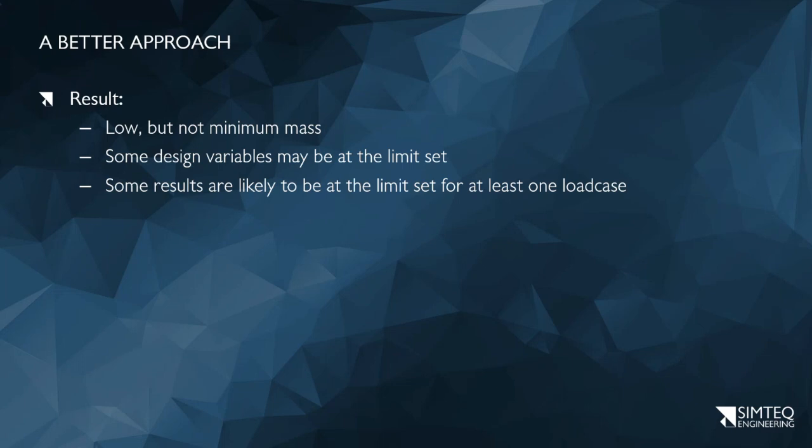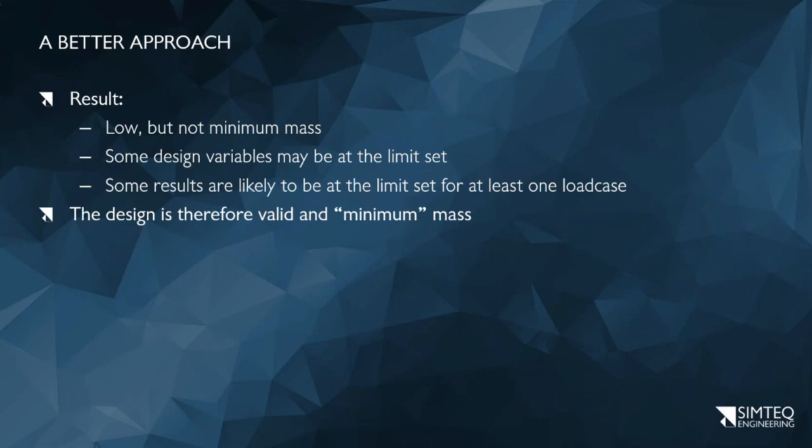Okay, so the first one is design variables will most likely be at limits, but some of the results will also be at the limits for at least one load case. So that's a very common one. Now, this means the design is valid, meaning it passes the requirements. I'm not outside of the allowed thickness and so on, in other words, design variable ratios.